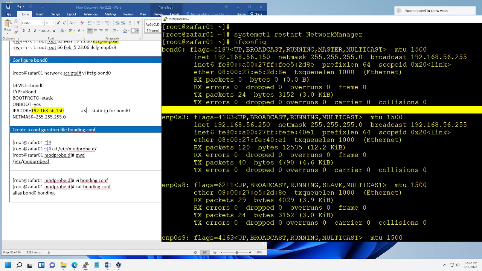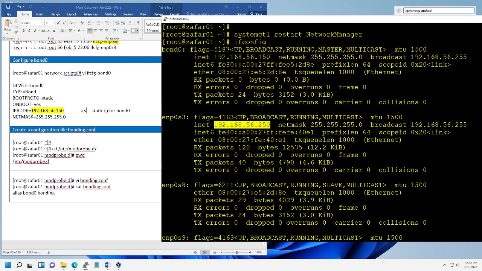Yes. You said there is no IP address in ENP0S3, but there is an IP address, that .250, right? Yeah, that is true. Let me restart this one more time.